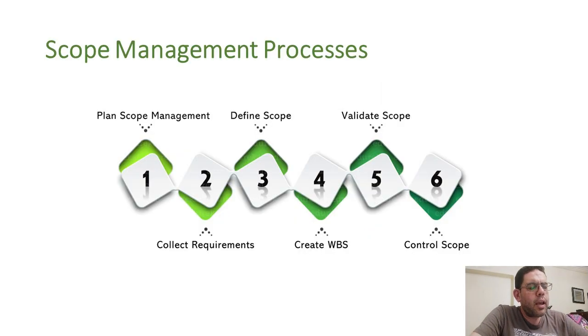In waterfall, we used to have those processes: plan the scope, then collect the requirements, then define the scope, then create the WBS, which is the work breakdown structure, which is well known, then validate the scope and control the scope. I'd like to focus on the work breakdown structure because this means that in predictive methodology, all the project tasks are well known before beginning the project.